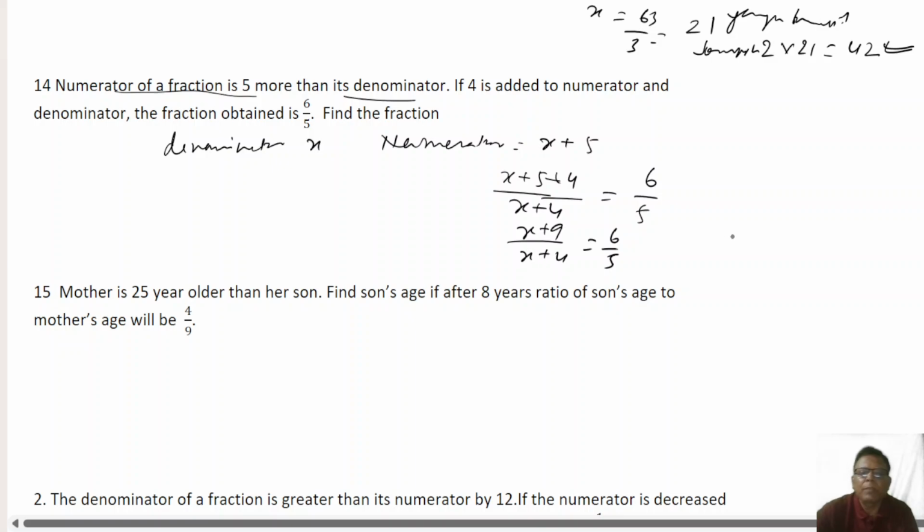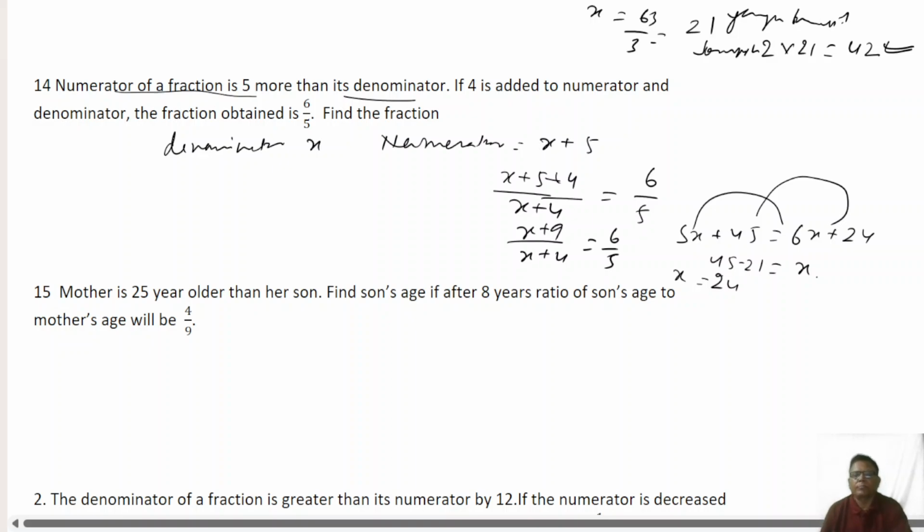Then you cross multiply: 5x plus 45 is equal to 6x plus 24. Then you take this to this side, this to this side. Then 45 minus 24 is equal to x. So 21 will be the answer.